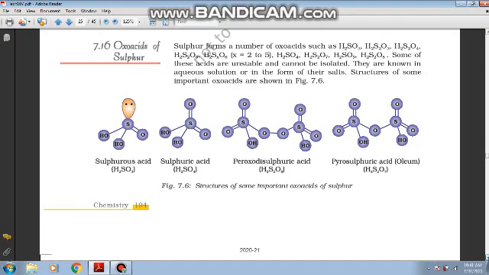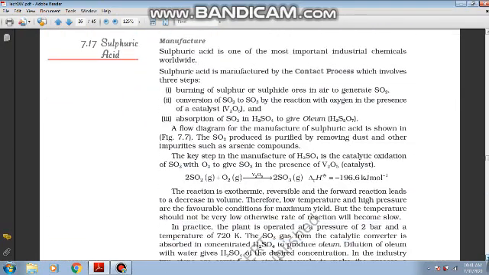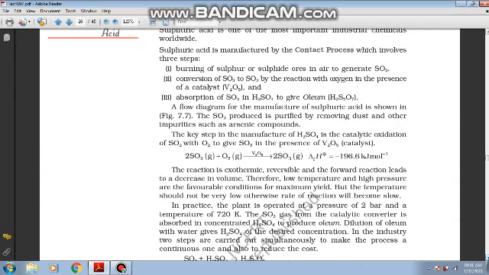Then children, here comes sulfuric acid and its preparation. Sulfuric acid preparation, as I already discussed in the live class, has only 3 important reactions. Number 1 reaction is the making of sulfur dioxide, by direct burning of sulfur in plenty of oxygen.